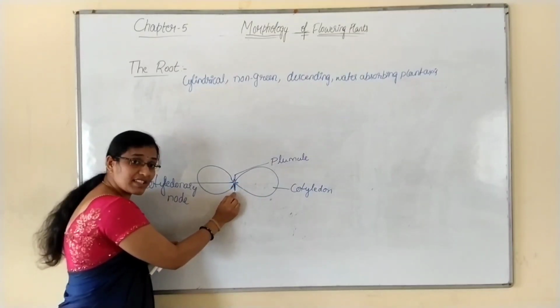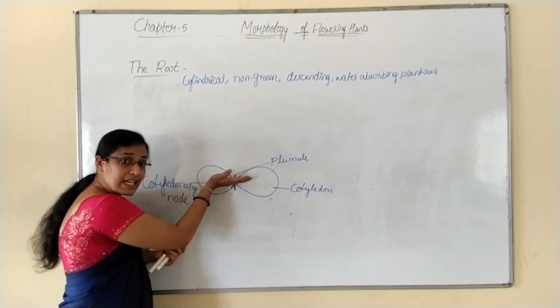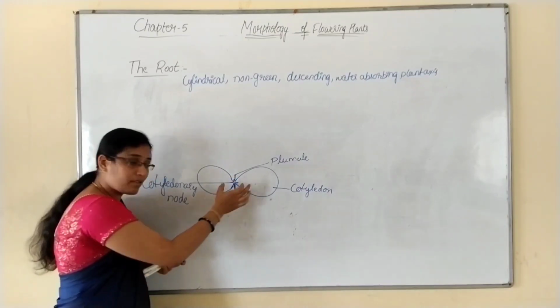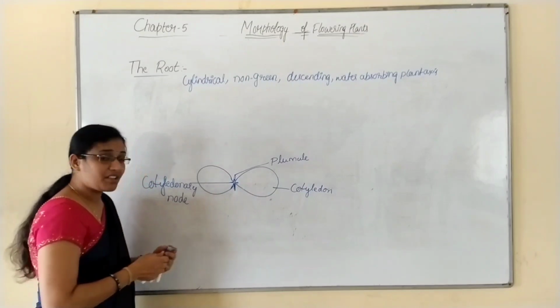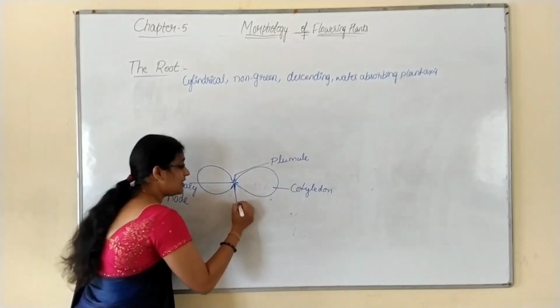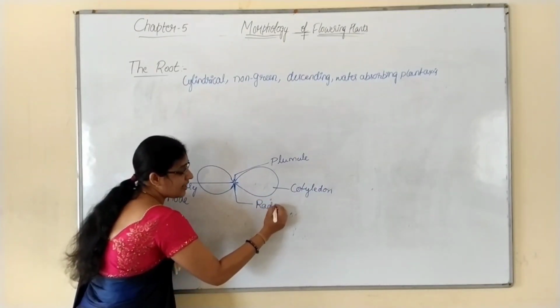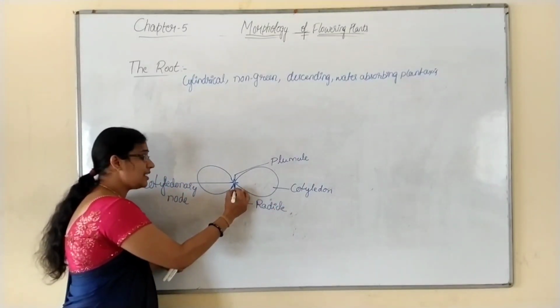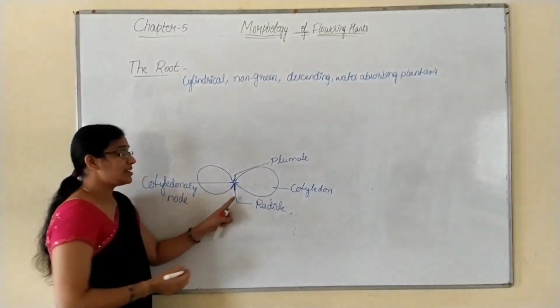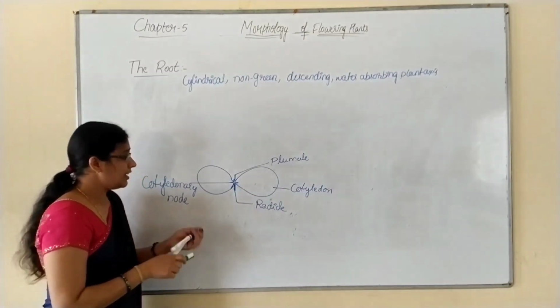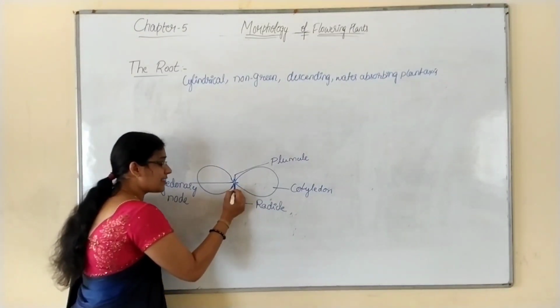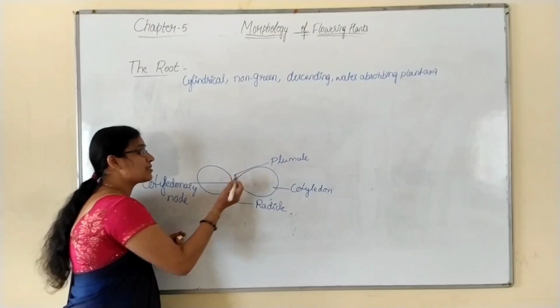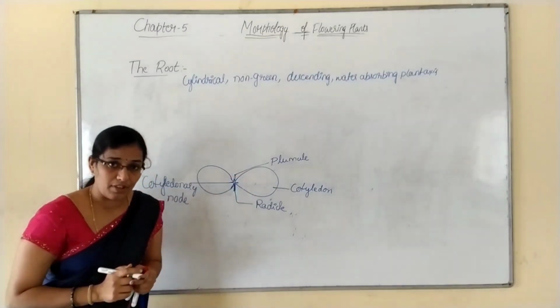The tip of this embryonal axis, which is lying just below the cotyledons, is called the radicle. So what do we call this tip? This tip is called the radicle, and this tip is called the plumule.